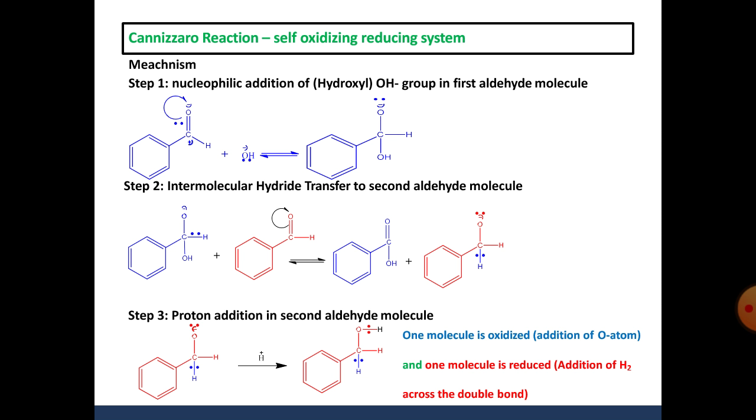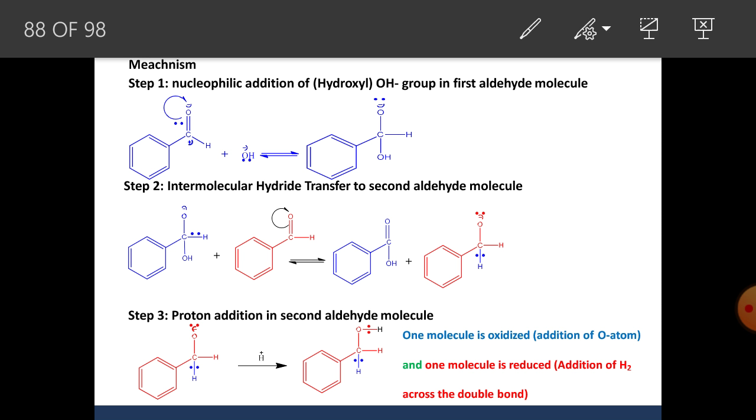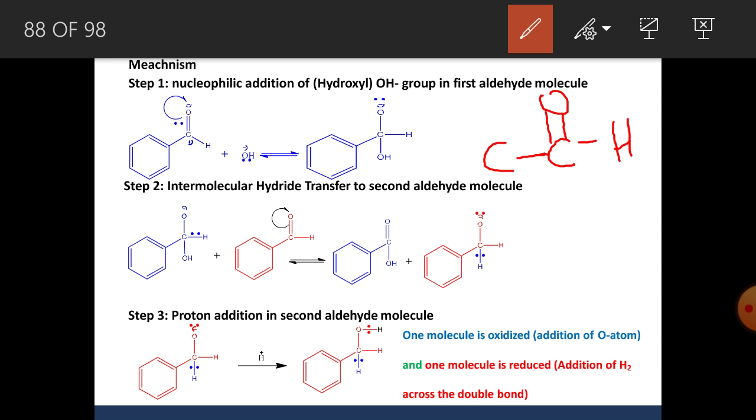So we'll see the first step. This benzaldehyde is an example of an aldehyde which lacks alpha hydrogen. As we know, CHO is the aldehyde group, and the very neighboring carbon is the alpha carbon. In this structure, this is the aldehyde group, and this is the neighboring carbon.